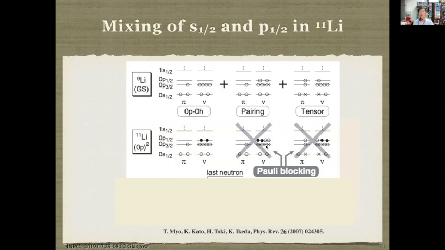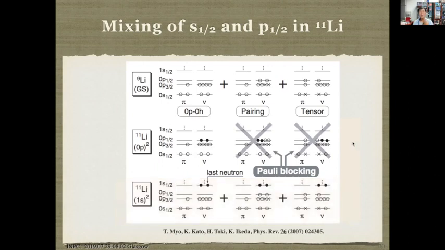So this one loses energy. Also, if you put particles in here, the tensor force is blocked. So this is important. If you put 2 neutrons in P1/2, you lose energy from both pairing and tensor interaction.